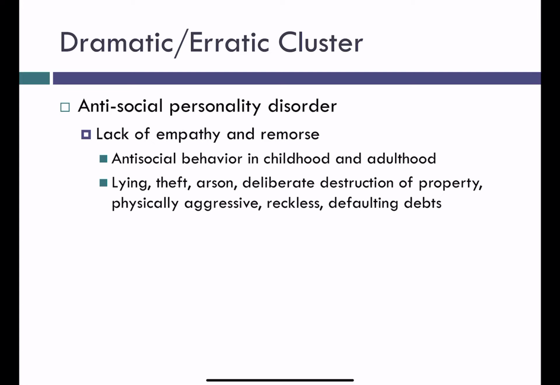So in both childhood and adulthood, they do things like lying, stealing, destroying property, being physically aggressive. And in the general population, it's about 4% of men, 1% of women, and it becomes kind of more common in late adolescence and early adulthood.